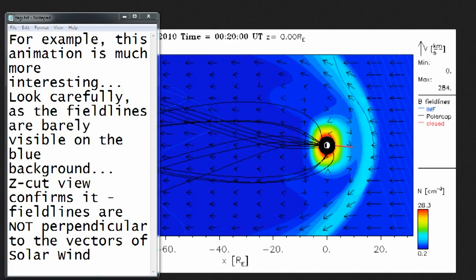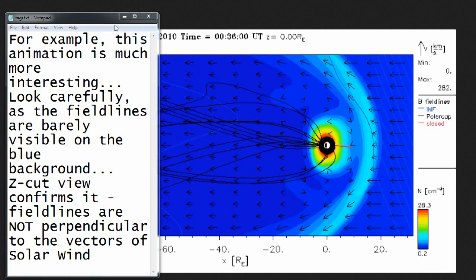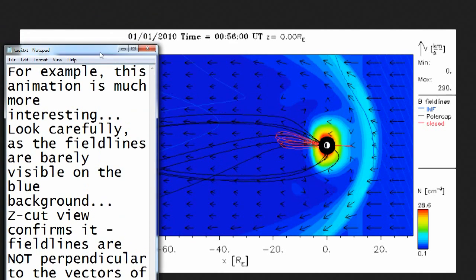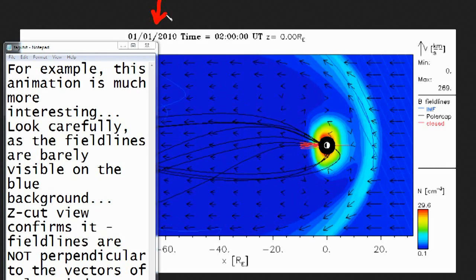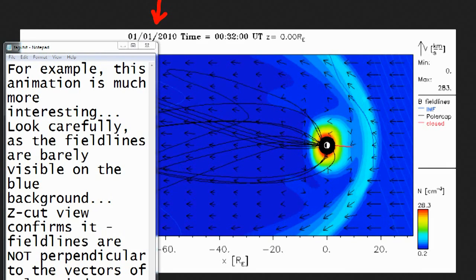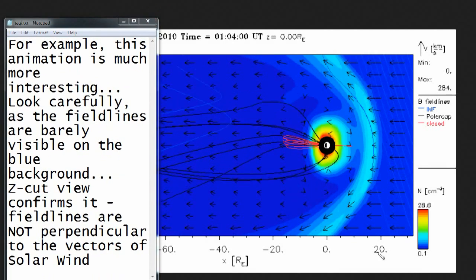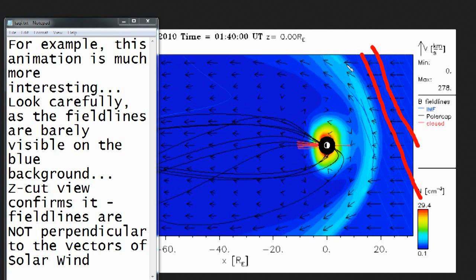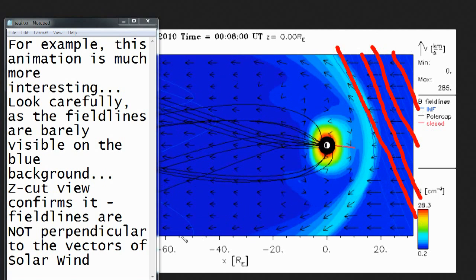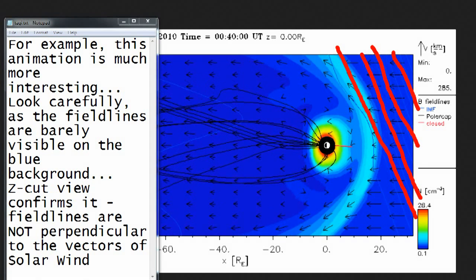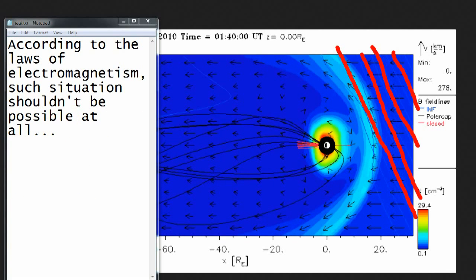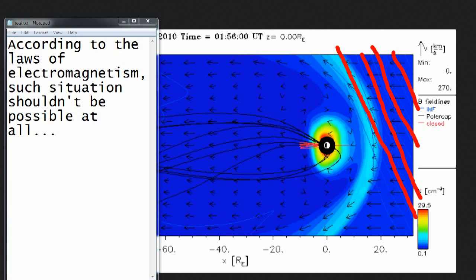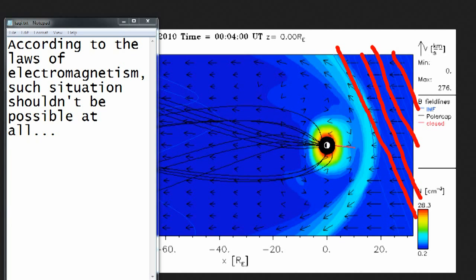Field lines are not perpendicular to the vectors of solar wind. According to the laws of electromagnetism, such a situation shouldn't be possible at all.